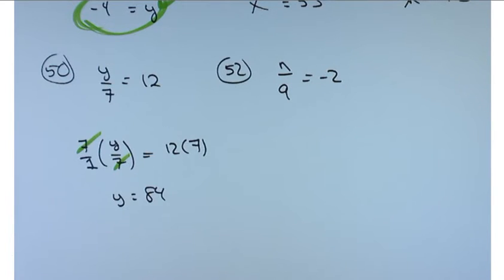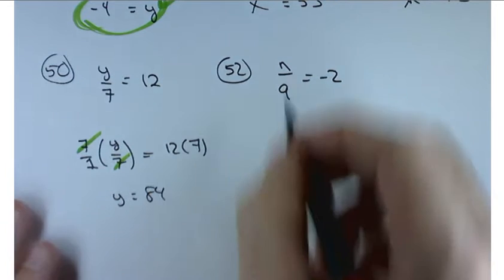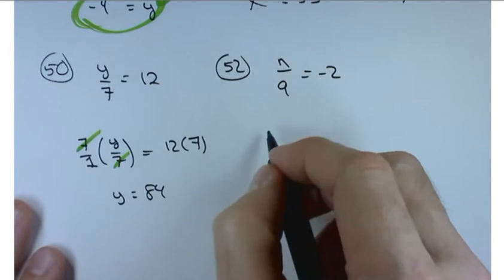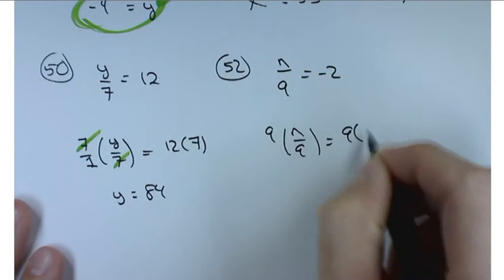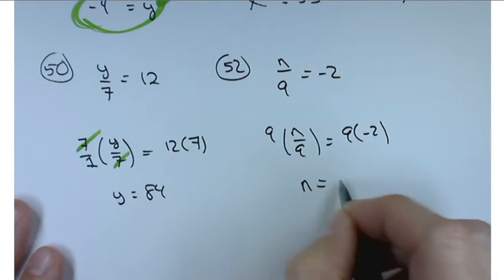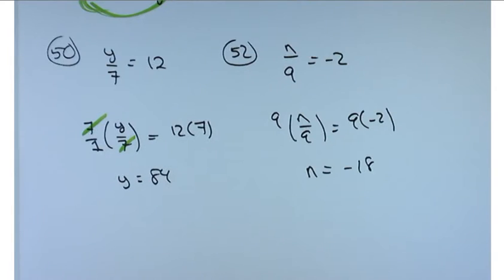Molly? Negative 18. All right, so the opposite of dividing by 9 is to multiply by 9. And I like that you took care of the negative sign correctly. We get n equals negative 18. Nice. Thank you.